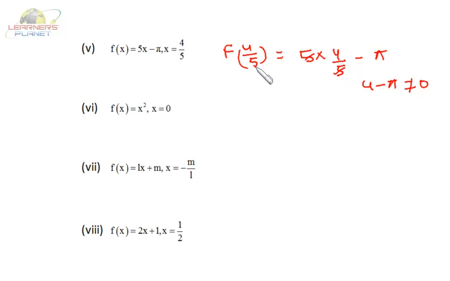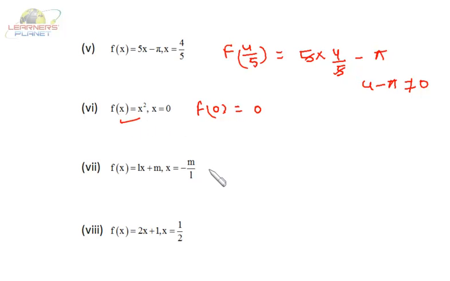That means if we put x is equal to 4 by 5, we are not getting 0. That means 4 by 5 is not a 0 of this polynomial. Okay. Similarly, in this case, let's calculate f of 0. So it's 0 square, that means 0. That means 0 is the root, or we can say 0 of this polynomial.